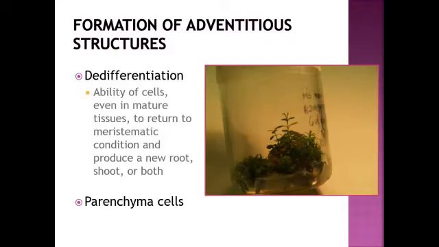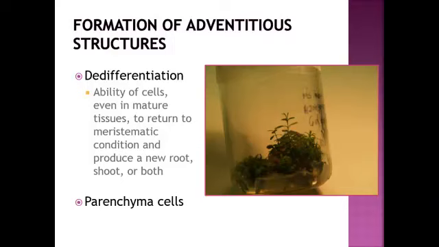Now, the extent to which a cell can dedifferentiate varies. Again, it's much easier to dedifferentiate your sophomore year than it is your senior year, right? Same thing with plant cells. You remember we talked about determinism and how reproductive structures have a very high level of determinism in their cells. So a flower cell or a fruit cell can't really dedifferentiate enough to produce a new root or shoot, typically.